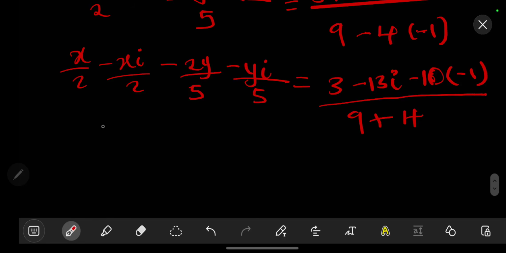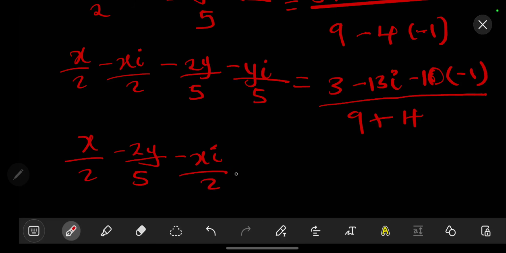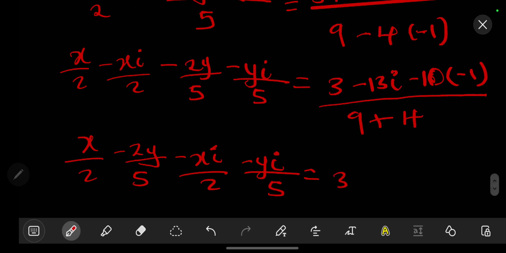So this will give us, let's just collect the like terms, the ones that have got the real parts, the ones without I. So we are going to have our x over 2 minus our 2y over our 5 like that. Then we have minus our xi over 2 minus our yi over 5 like that, should be equal to, what we have is a 3 minus 13i.